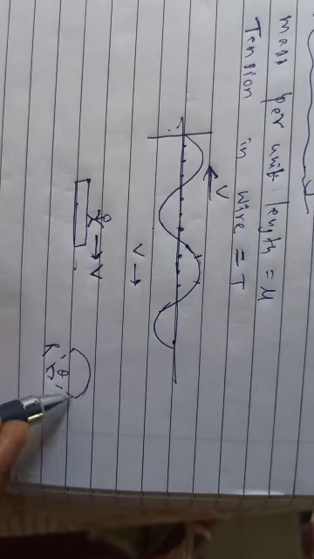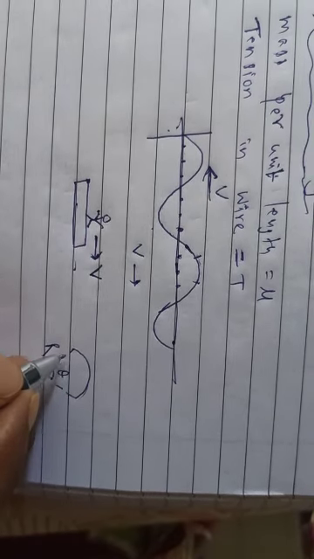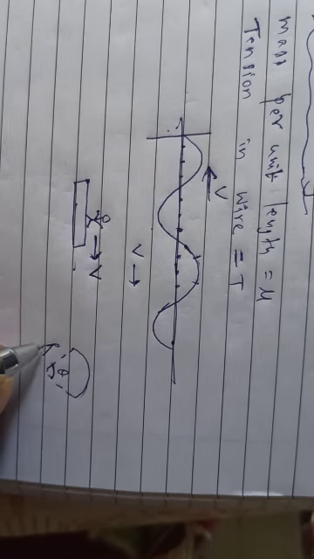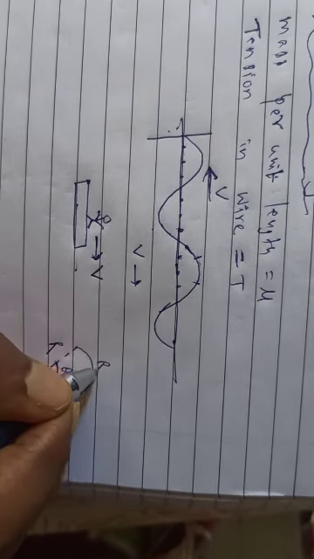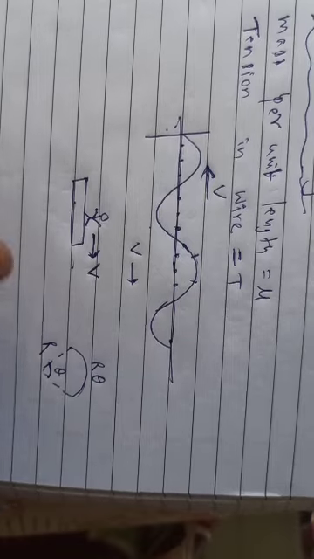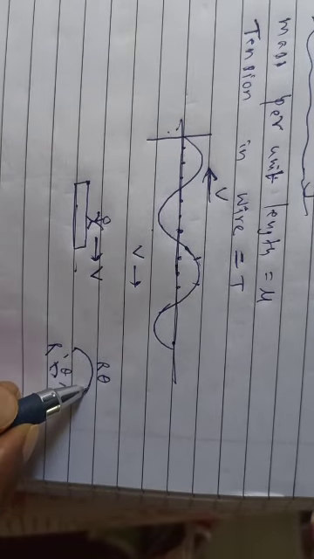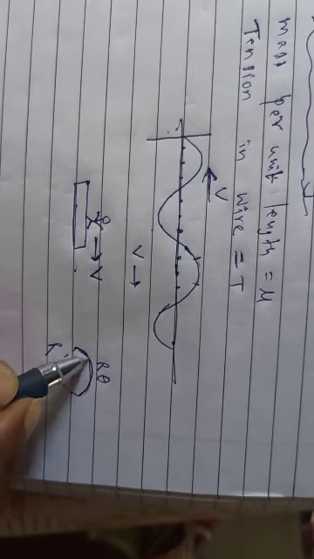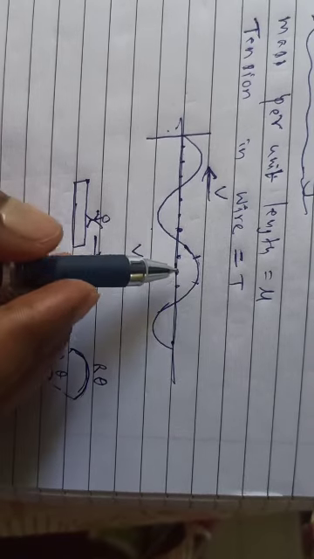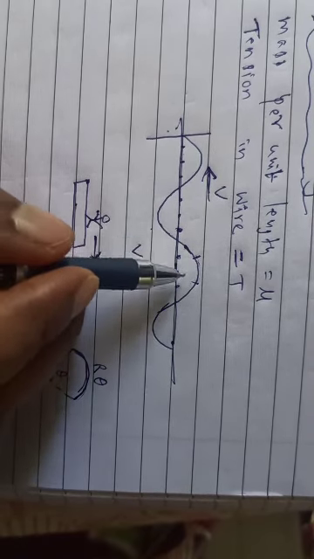If theta is in radians, this length will be r into theta.